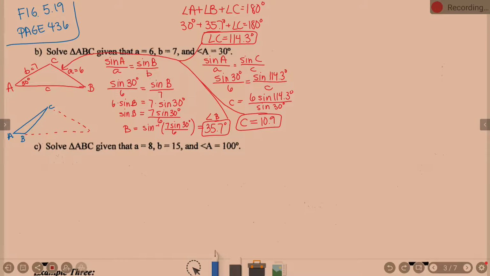Originally, A is still 30 degrees, right? That hasn't changed. Side A is still 6, but side A is now folded underneath. And so side A is right there and is 6. And actually, I'm going to put equals A there. Side B is still over here and is 7. Agreeable?